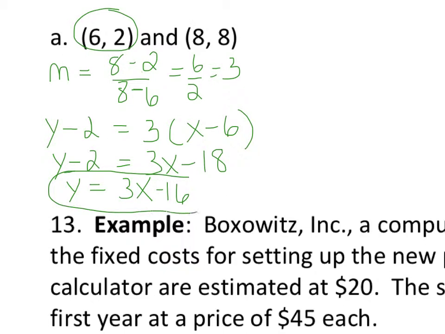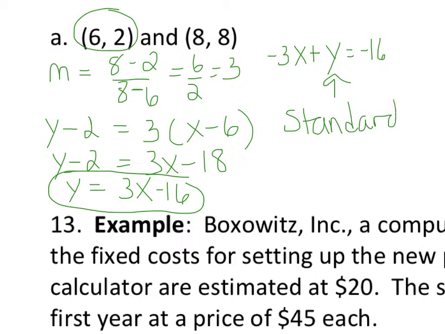And just in case you need it, the standard form would look like this. You would subtract 3x over. You have 3x plus y equals -16. So this is standard form. There's 3 forms that we learn along our algebra career.